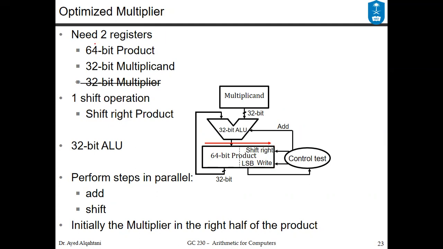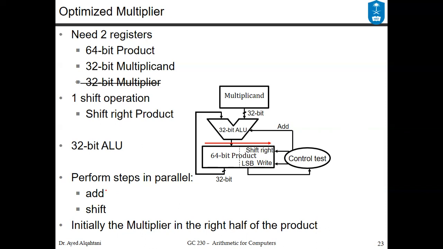And because of this optimization, we now need a 32-bit ALU instead of the 64-bit. How is this happening? Because the big contribution of this hardware is that we performed some steps in parallel, namely the add and the shift. We do them together.